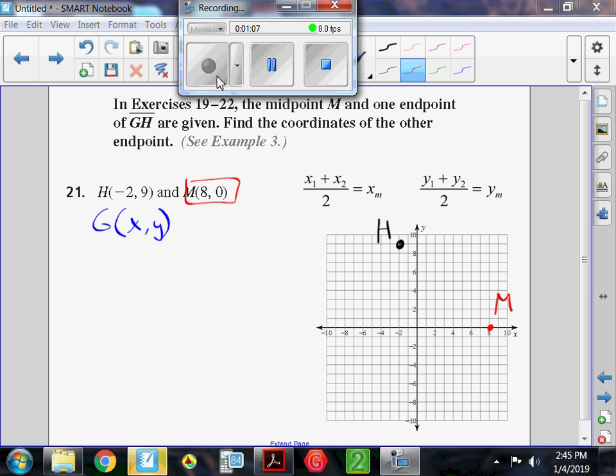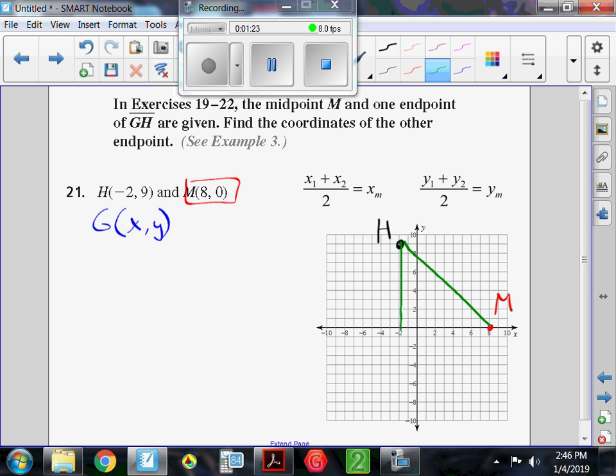So on the graph, if I wanted to, I could use the slope to help me try to see what's going on. To go from H to M, if I think about it as a transformation, if I'm transforming H to M, I'm going to go down 9 units, and I'm going to the right 8 units. So that's what's happening.